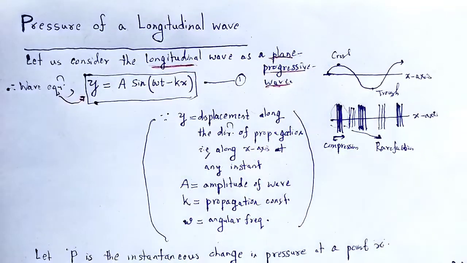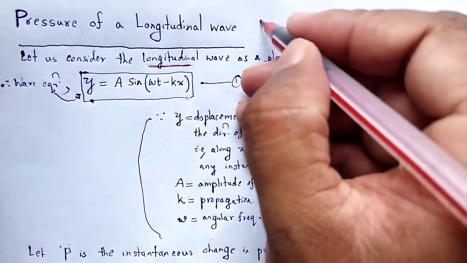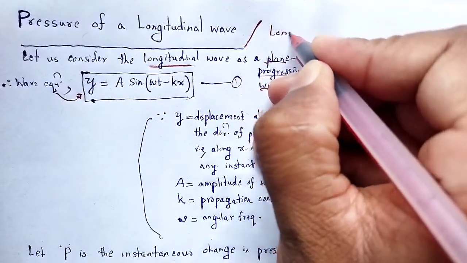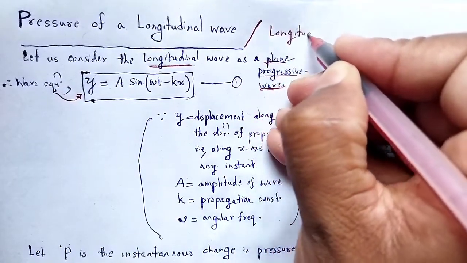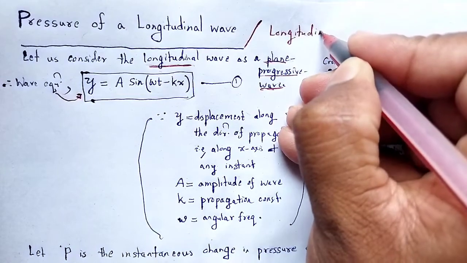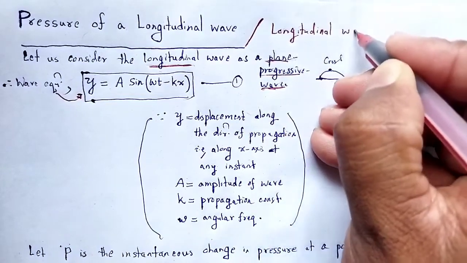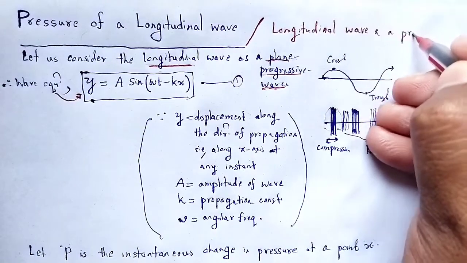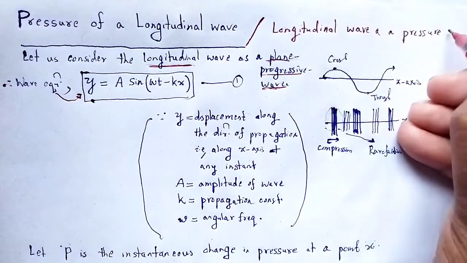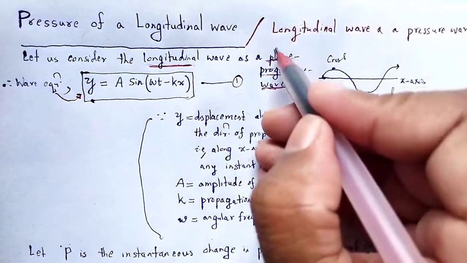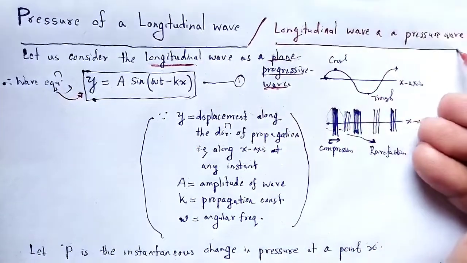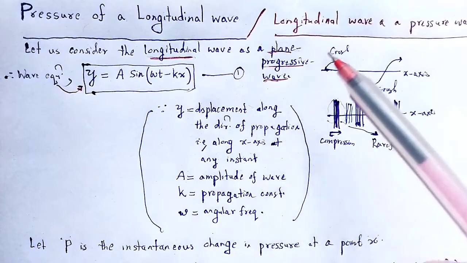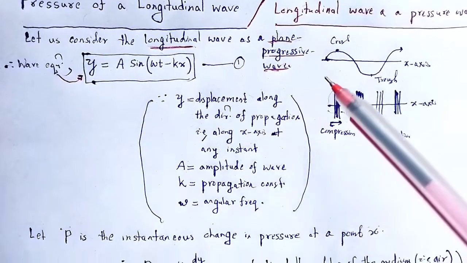So with the help of this video lecture, we understand the pressure of a longitudinal wave, which is further named as longitudinal wave as a pressure wave. So we consider a plane progressive wave which is under the category of longitudinal wave.